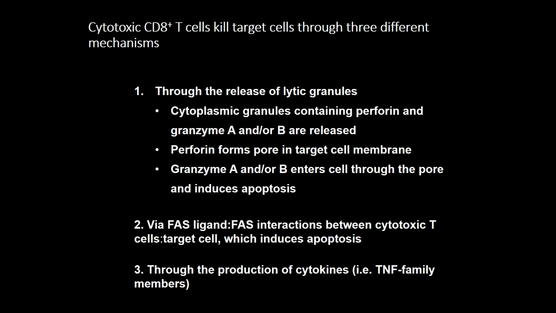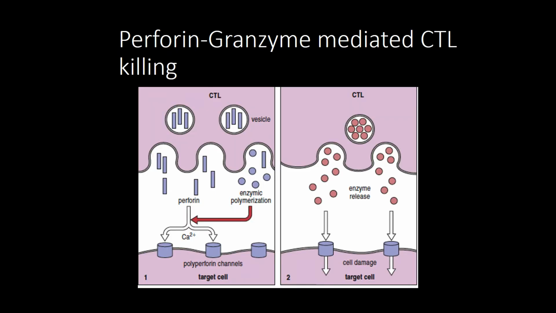So let's review these. One mechanism is that you have vesicles in the cytoplasm of cytotoxic T cells. They contain perforin and granzyme A or B, and the perforin gets released and forms channels, pores through the membrane.